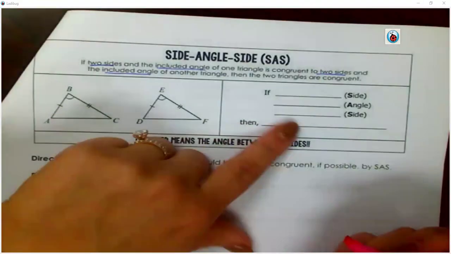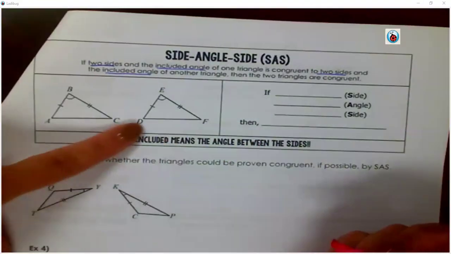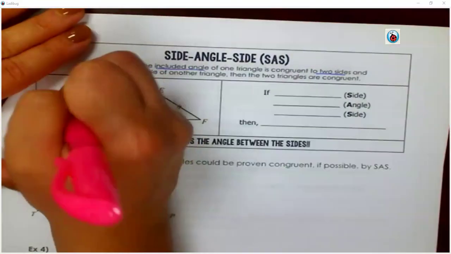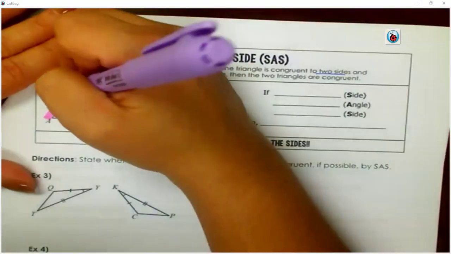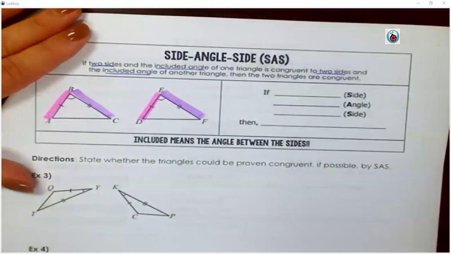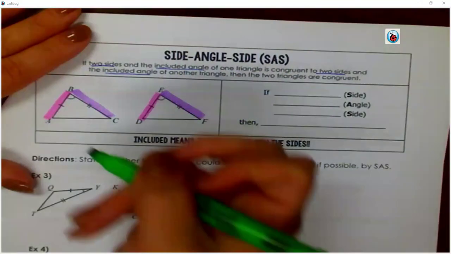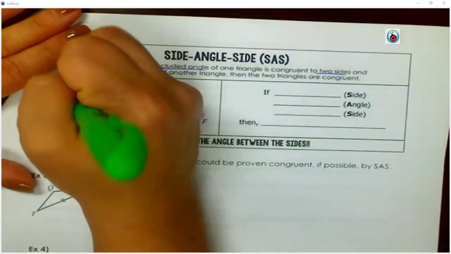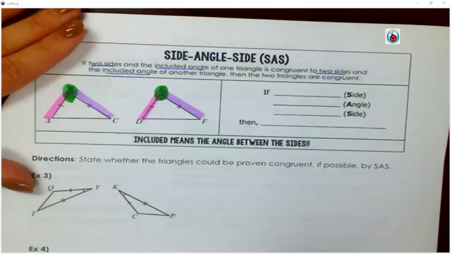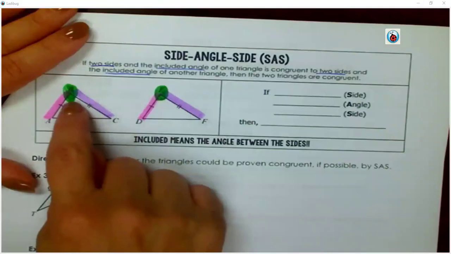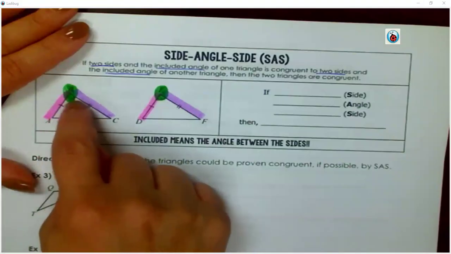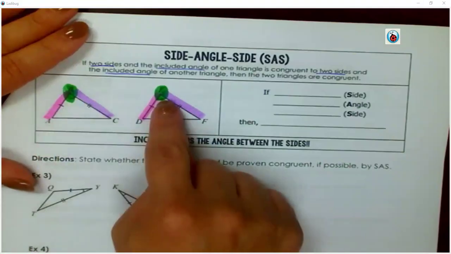Okay, before I get into writing it out here, I want us to look at the picture. If you notice, this side is congruent to this side. This side is congruent to this side. Now, this angle right here is congruent to this angle right here because of that 1 tick mark, or I guess you can say the little arch in each of them, okay?